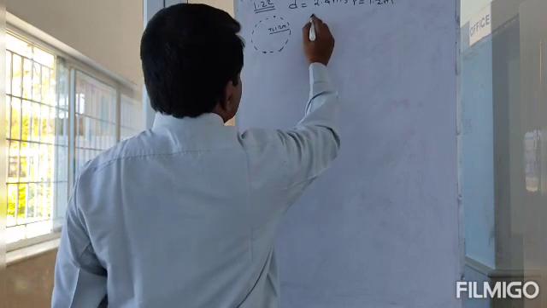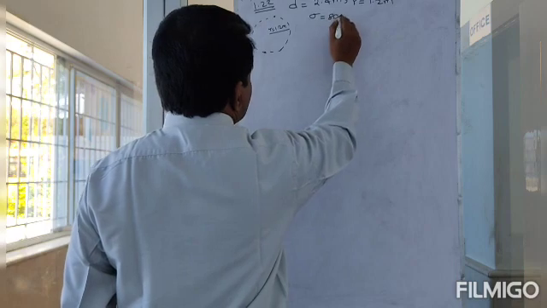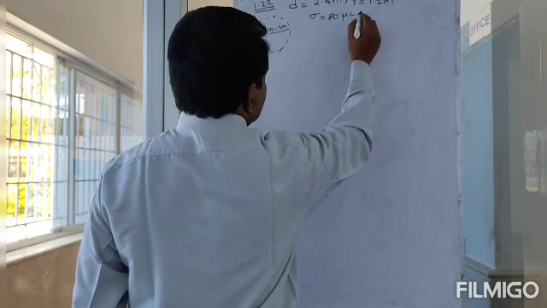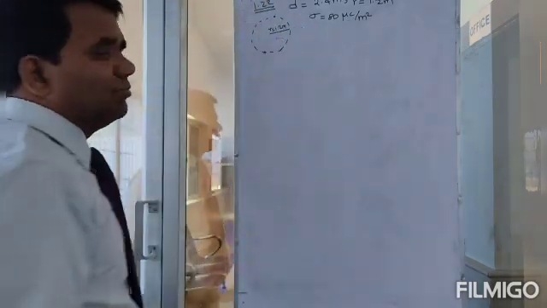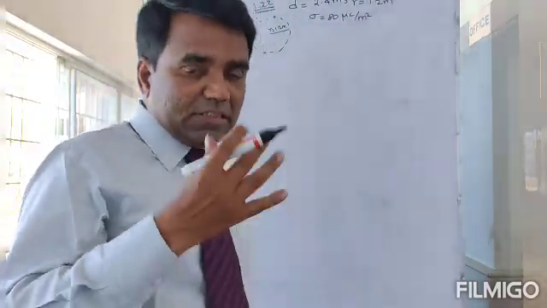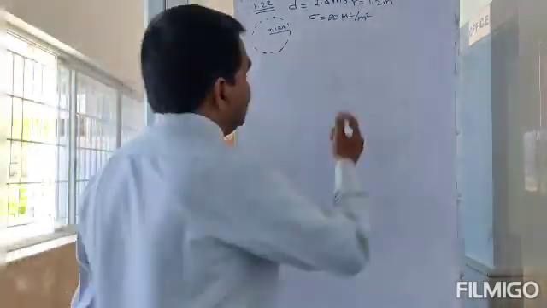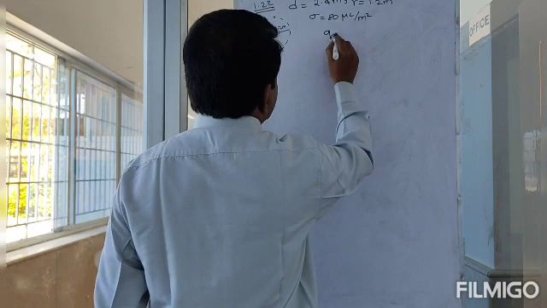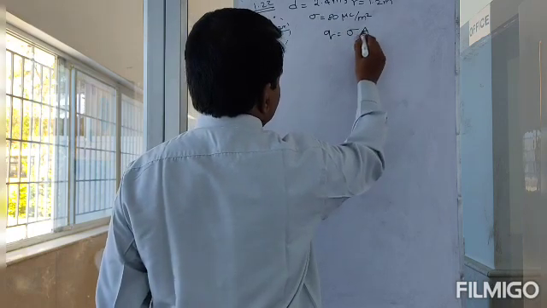And what else is given? The surface charge density is given to be 80 microcoulomb per meter square. So what's the total charge? The total charge is simply the surface charge density multiplied by the surface area. That's the total charge, right? So the total charge Q is going to be equal to charge density multiplied by area.